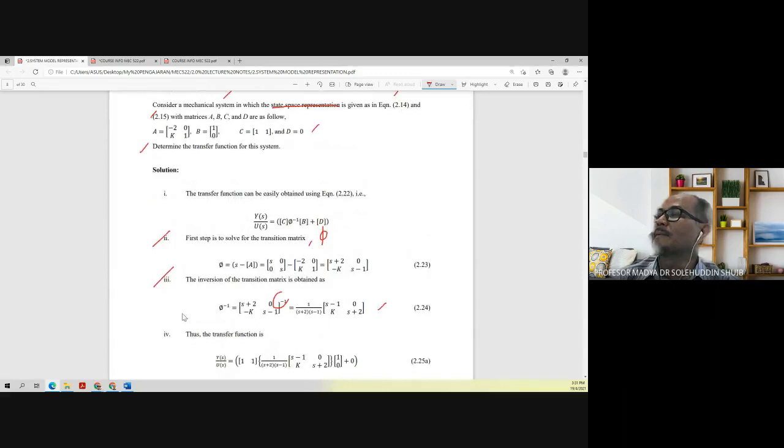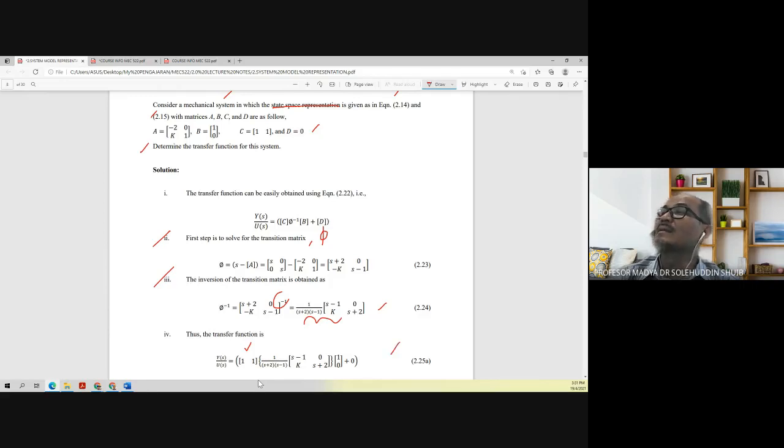So we have 1 1, and then the transition matrix phi to the power of minus 1, and then 1 0, which is B, and D is equal to 0.